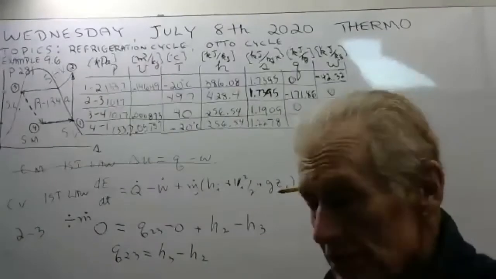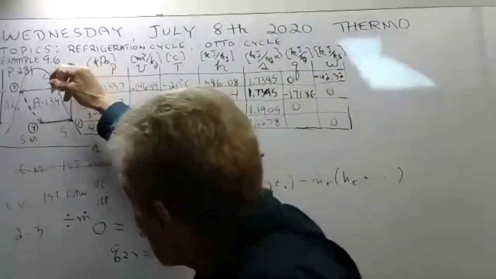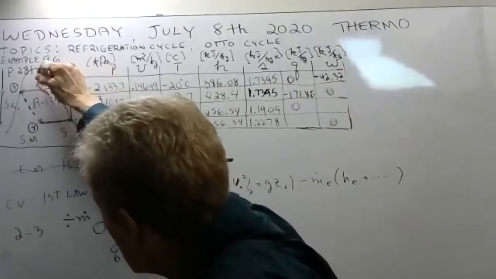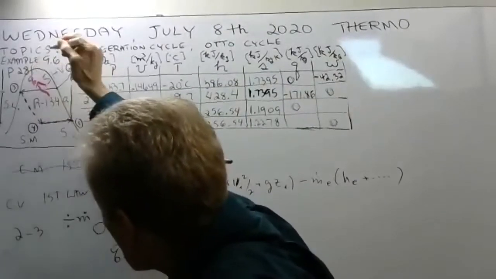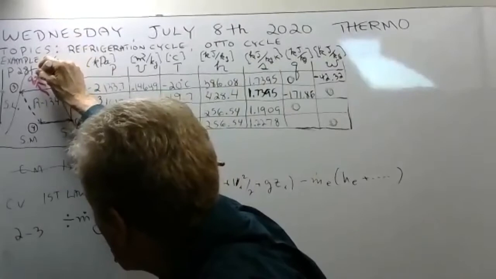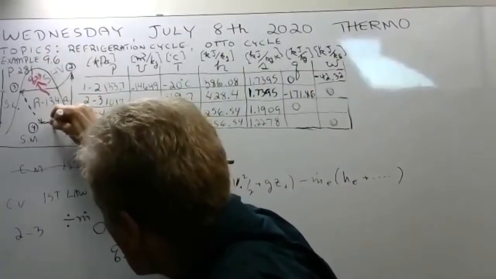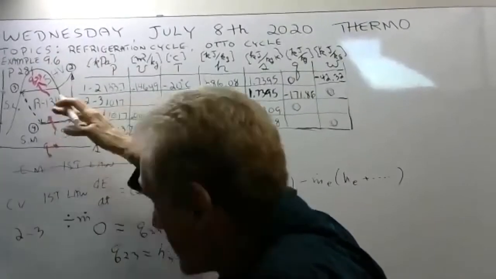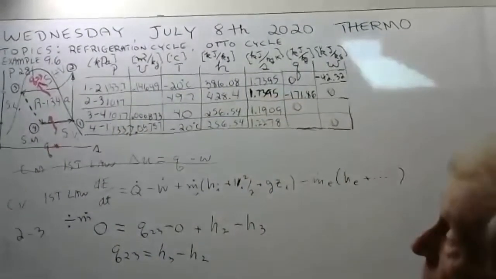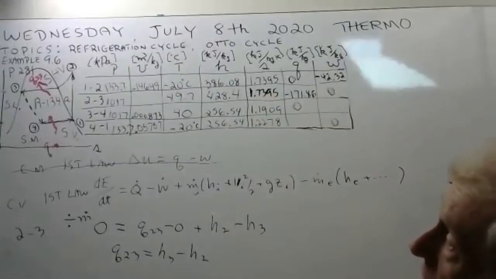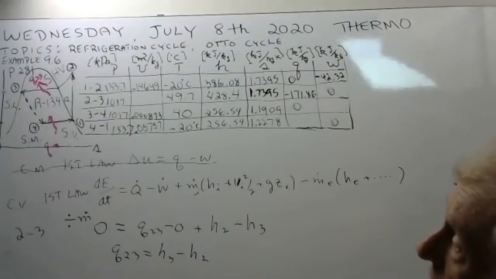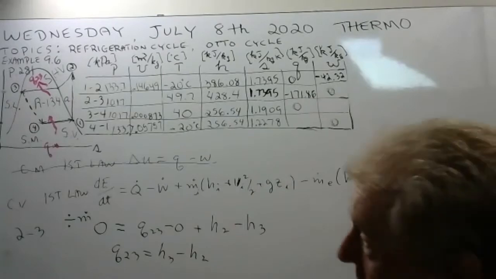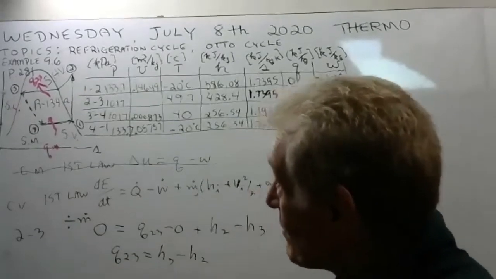Here, let me draw it. I like to put my heat transfers in red. There they are. There's your Q23. But see this Q here, Q41, that's now wait a minute. Did I do that wrong? Just let me think a second here now. I think I did that wrong. Yeah, I did that wrong.